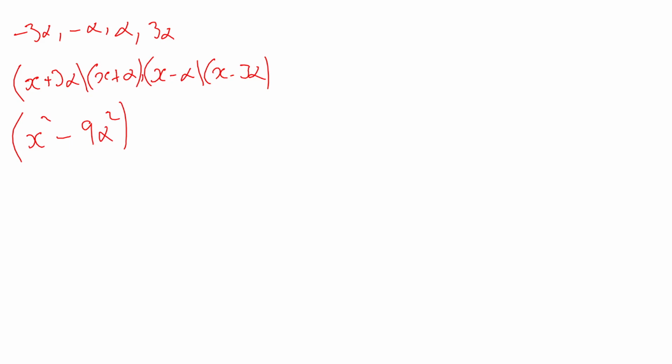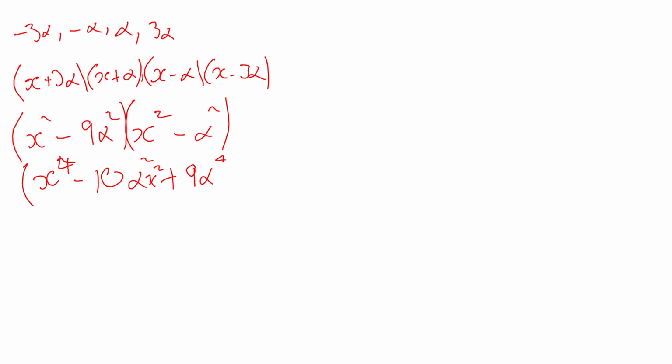You've also got to multiply the 2 alphas together. And then x squared minus alpha squared. And when we expand this, we get x to the 4 minus 10 alpha squared x squared plus 9 alpha to the 4.